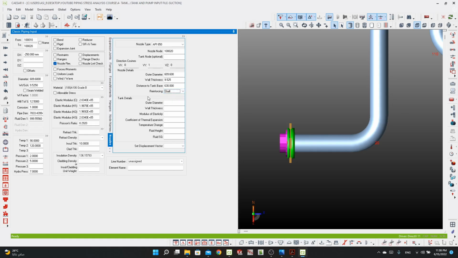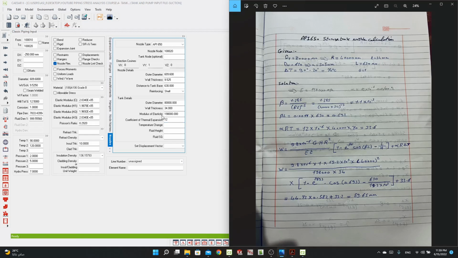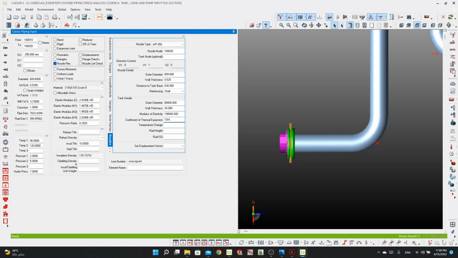Reinforcing shell diameter, we have 80, thickness 34, elasticity modulus, coefficient of thermal expansion 12 exponential, how much was it? Temperature change was 70, and the fluid height in millimeters.